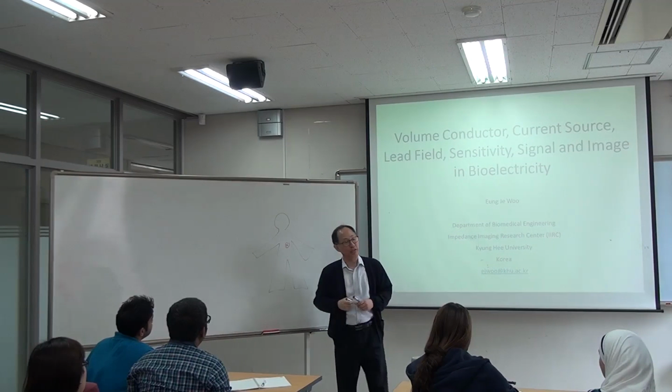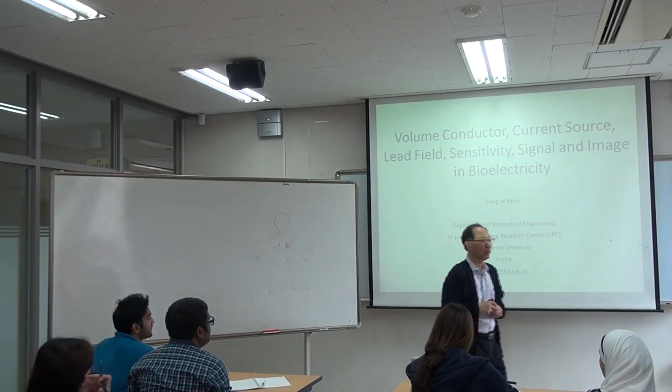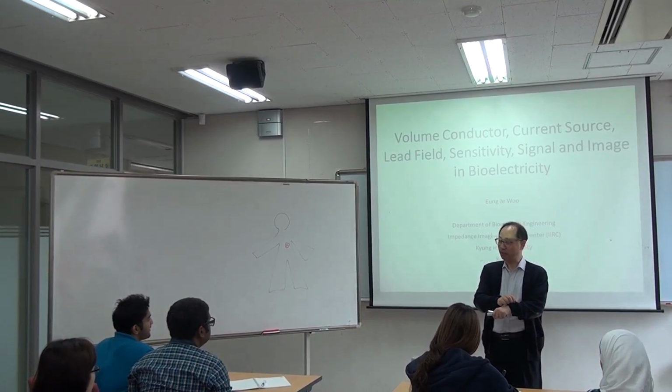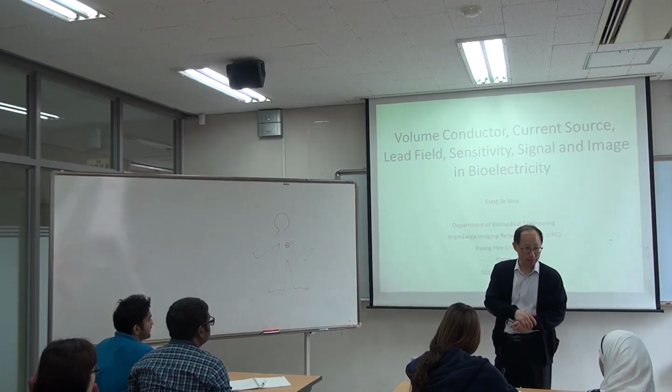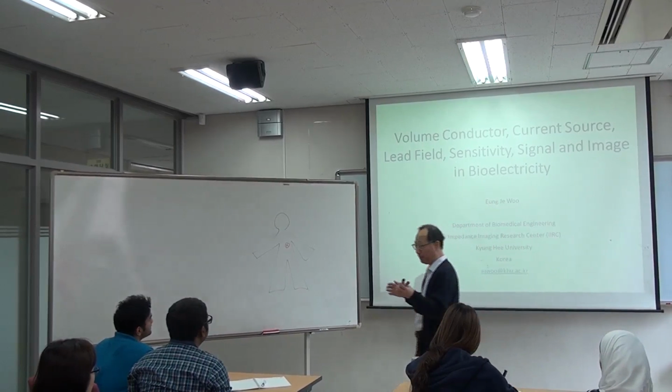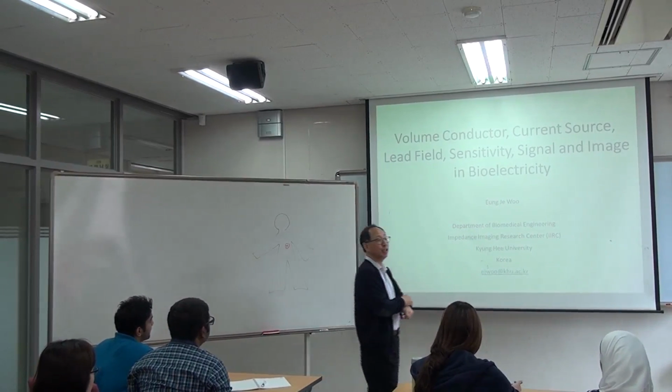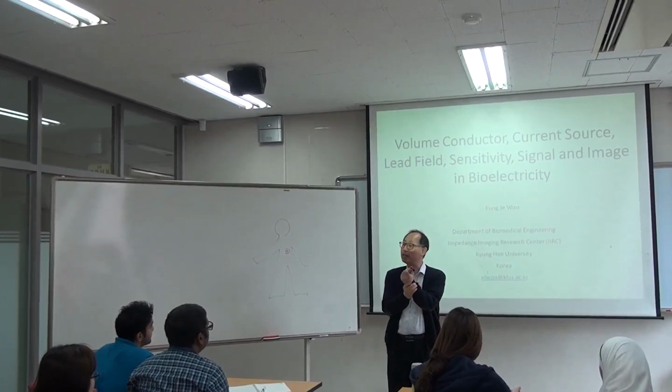Now he wants to measure electrocardiogram on the watch. So he's going to develop a watch where he wants to measure electrocardiogram. Since everything available to him is just a watch, he wants to put an electrode right here.